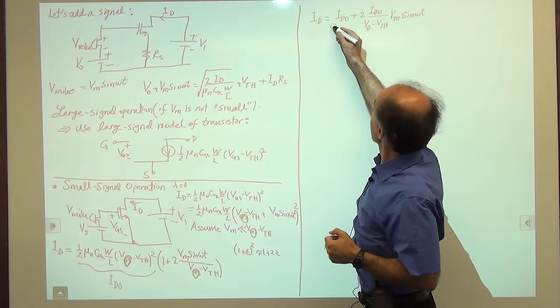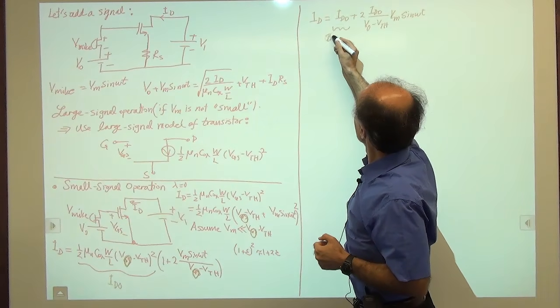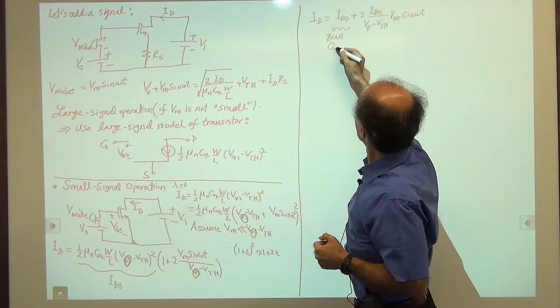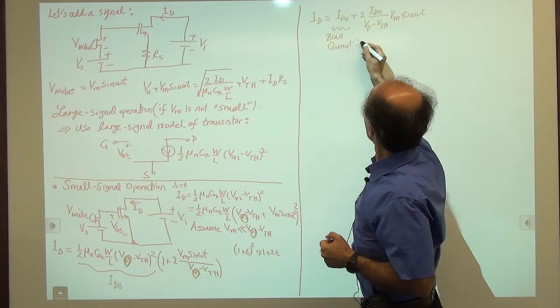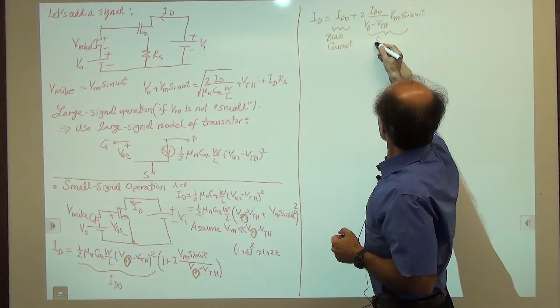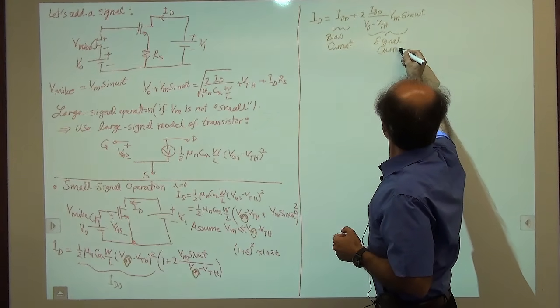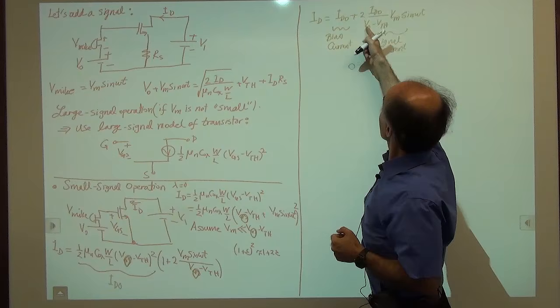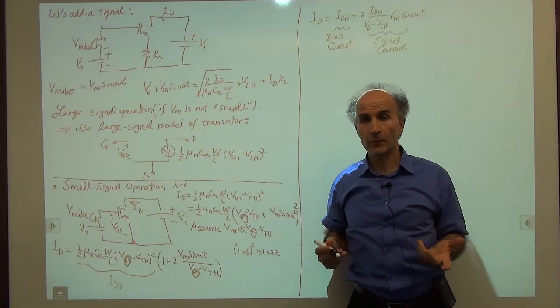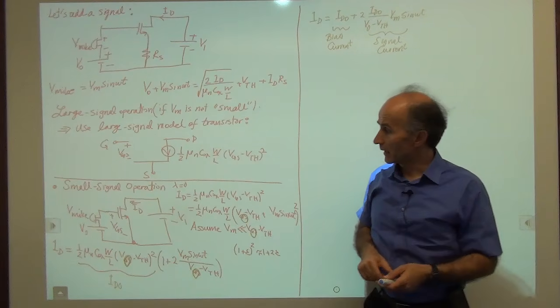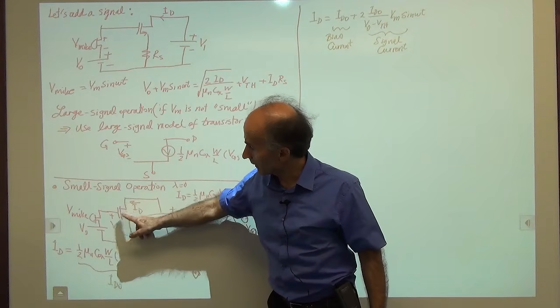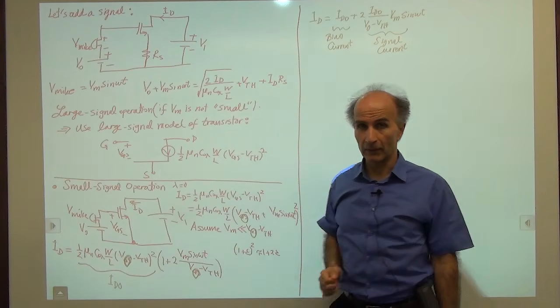So we might call this the bias current, and we might call this the signal current. You can see that if there's no signal, if Vm is 0, there's no signal current, right? That's the perturbation that we have created inside this device here when the microphone signal goes up and down.